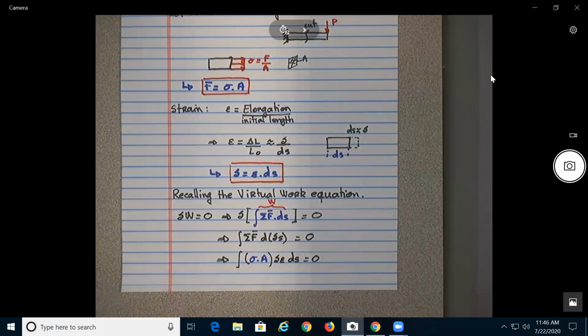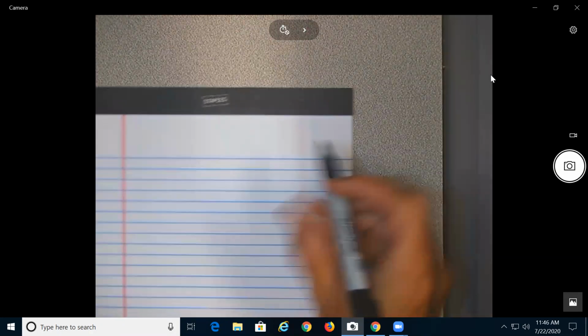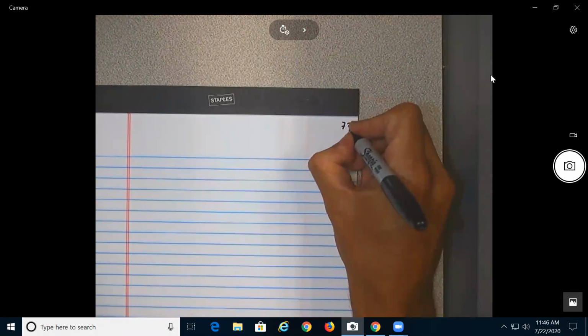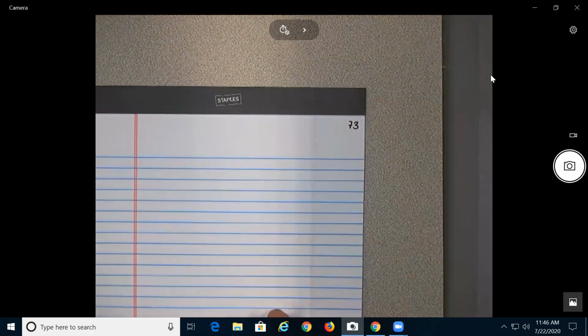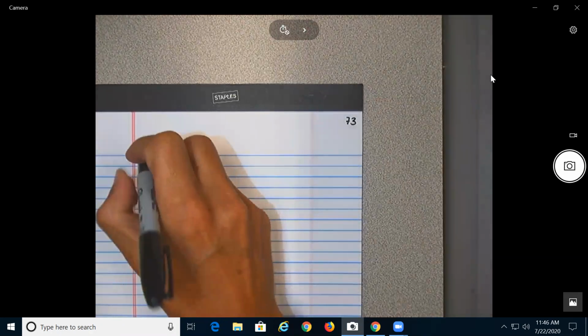Okay, so I'm going to have to go to the next page. Almost done. Okay, so let me just rewrite the same equation.